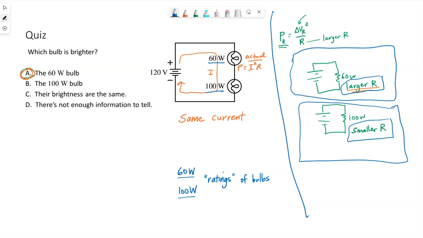So a less bright light bulb connected to the same power source would have to have a larger resistance. And now coming back to this circuit, a big resistor versus a smaller resistor, but they have to have the same current, so they're going to have different power. They're not going to be glowing at 60 watts and 100 watts per se. How they end up glowing depends upon how they are connected together in the circuit.